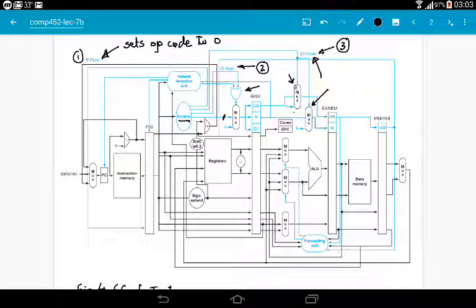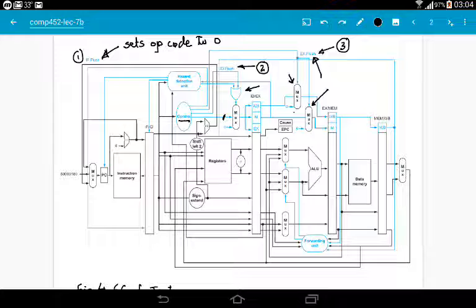So whenever this signal is asserted, you can easily see that 0 will be propagated to the output of the mux, which means that the instruction in the EX stage will not have any effect on memory or registers.